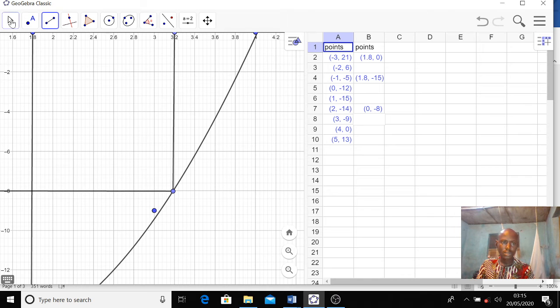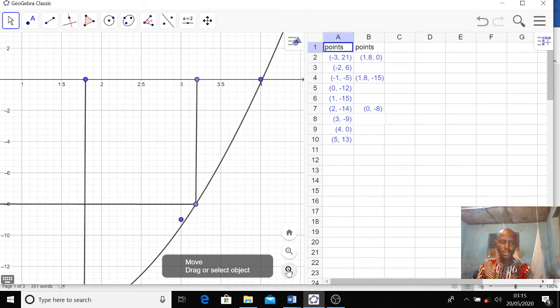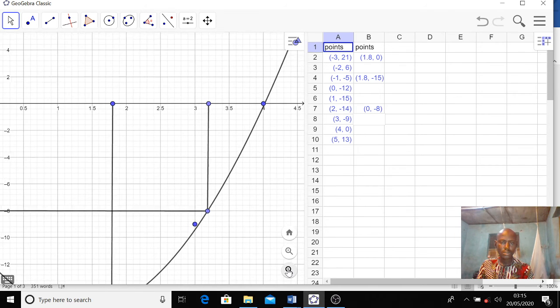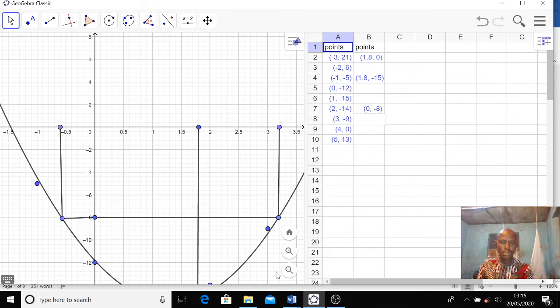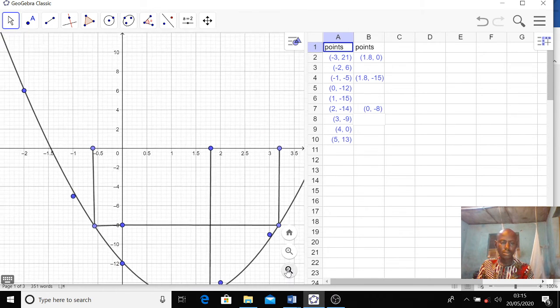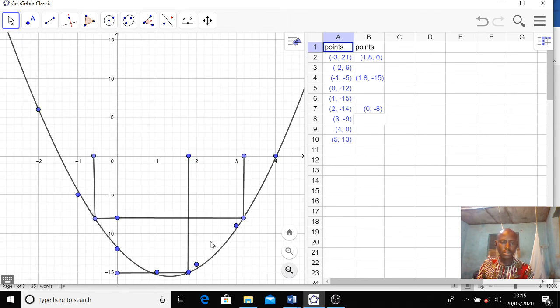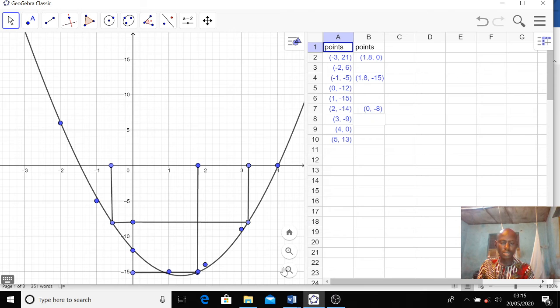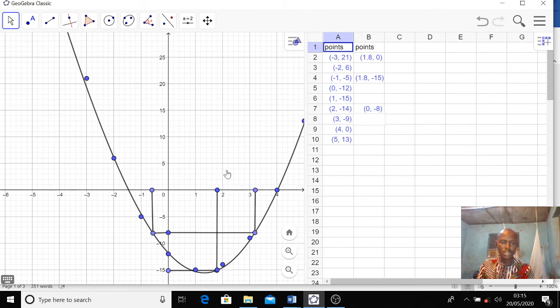Okay, and we reduce it. Or if you are doing it on your own, all this line, make it a broken line.